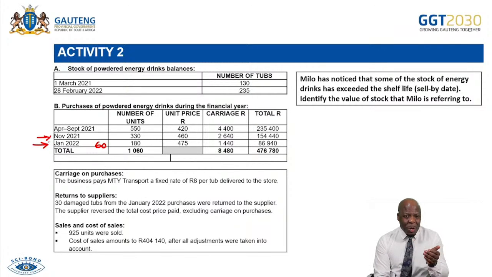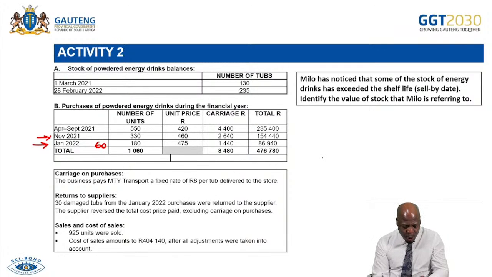But is it all the units? No, because some of the units were sold already. So we want to know the units from November that have not been sold. How many units are those ones from November that have not been sold?